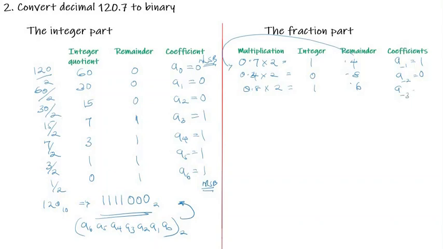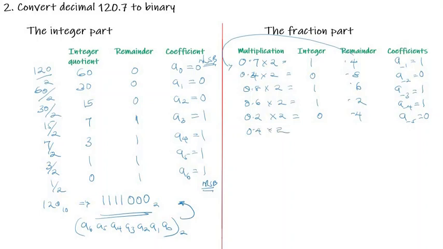Therefore, a-3 is 1. Then 0.6 multiplied by 2 gives me 1.2, and therefore a-4 is also 1. The remainder is 0.2, and 0.2 multiplied by 2 is 0.4. So I write the integer as 0 and 0.4 as the remainder, and a-5 is 0.